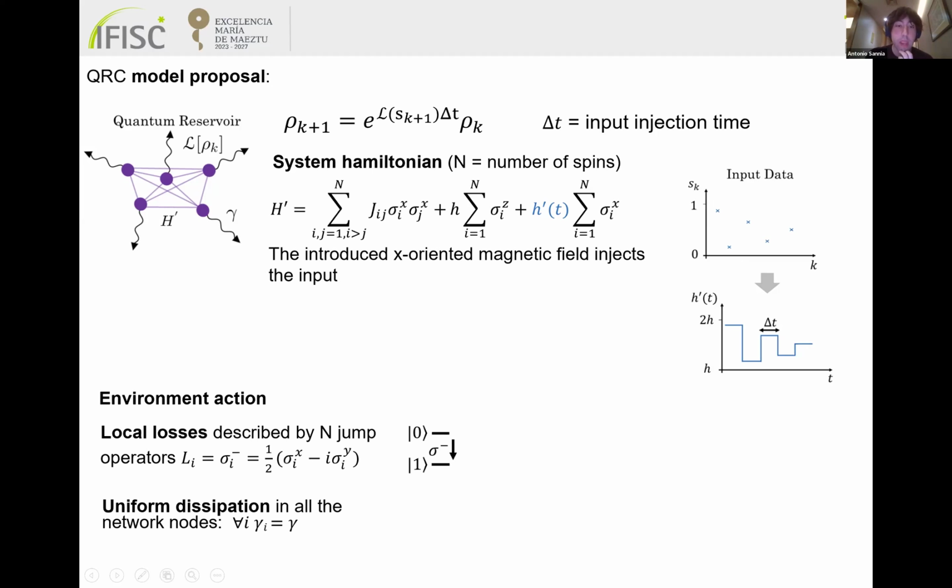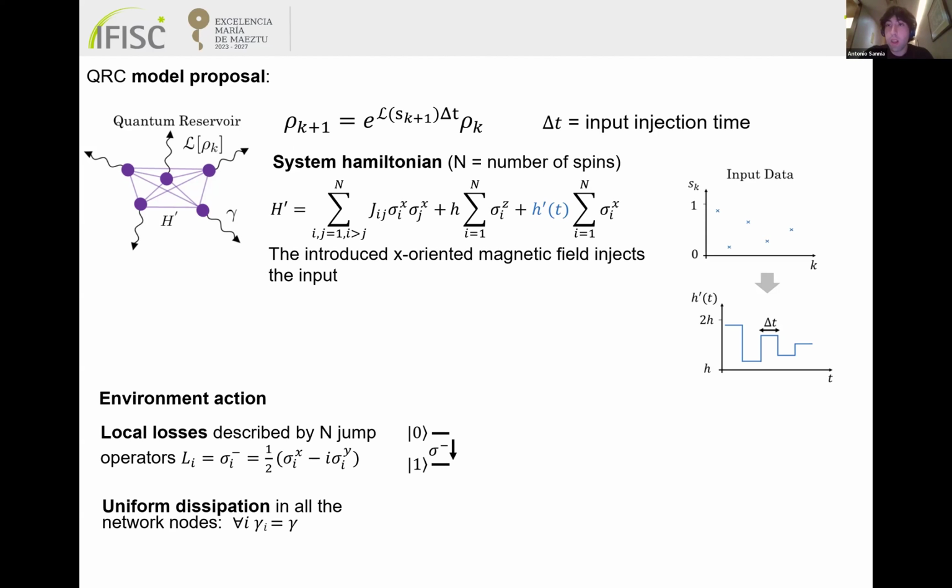And now I want to show also the environment action, and I consider n jump operators, where n is the number of spins that have this sigma minus matrix. That means they are pushing the spin to be down.